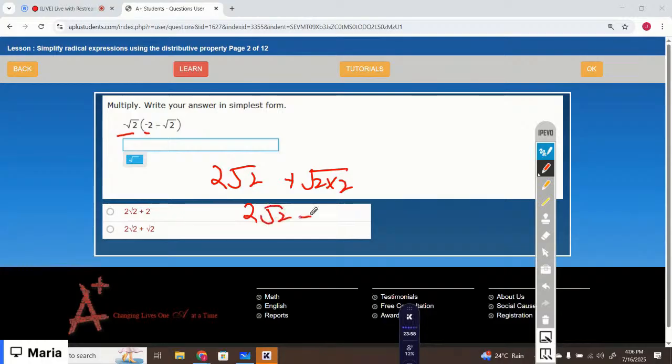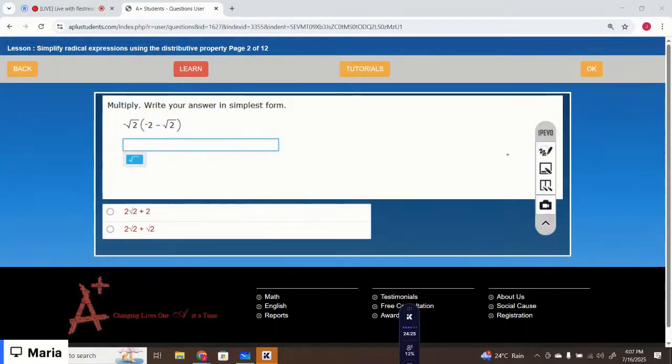That is 2 square root 2 plus 2, since the square root and the square cancel out. So it would be 2 square root 2 plus 2. Option number 1 is the correct option.